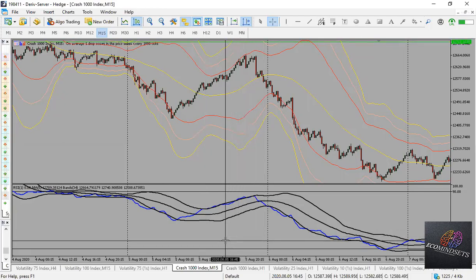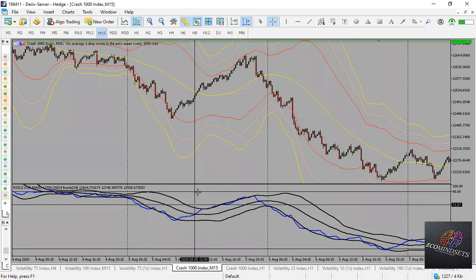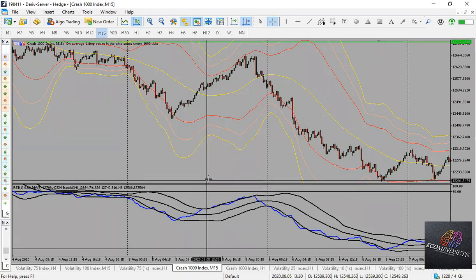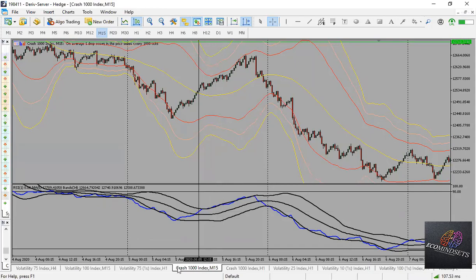There's a question here, sir. What if we check the weekly time frame on boom, I'm not talking about crash, and it was on an uptrend, and we checked daily, also on uptrend.